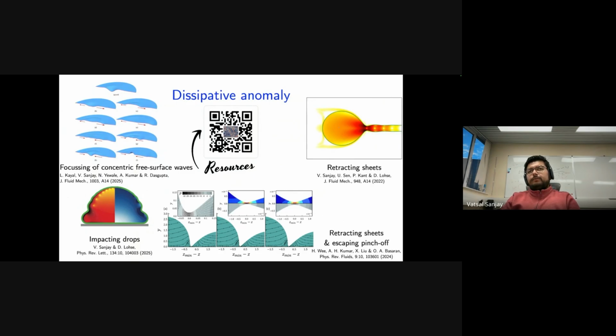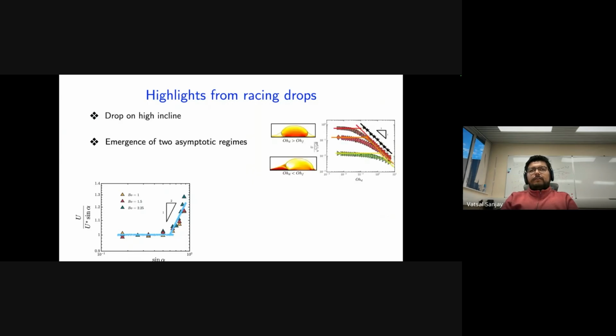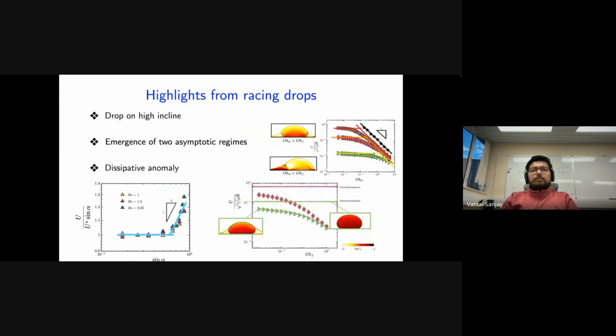So with that, I would summarize the viscous dissipation or viscous anomaly discussion in the case of, let's say, sliding droplets, where we found a new scaling for the drops on a high incline. We also saw two asymptotic regimes for the variation of Ohnesorge of the droplet as well as for the variation of Ohnesorge of the film, where in the limit of small Ohnesorge numbers we have a constant velocity, whereas in the limit of high enough Ohnesorge numbers we get a scaling which is one over Ohnesorge number.